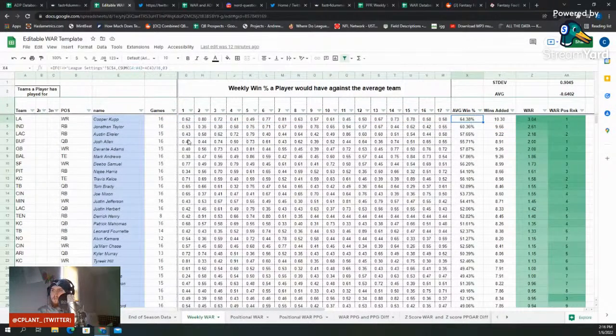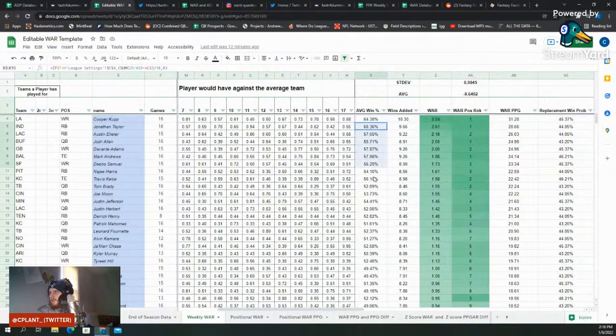And yeah, so these are the top players in win percentage right here. You can see Josh Allen was 55% in win percentage, while Devontae Adams was 57%, but in WAR, Josh Allen is a little bit higher still.